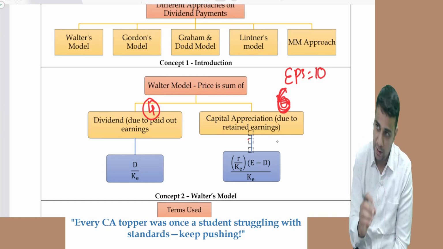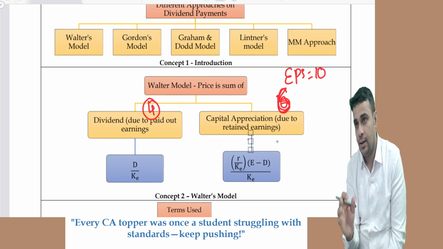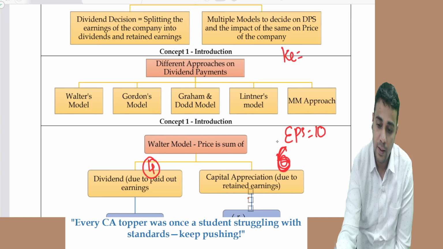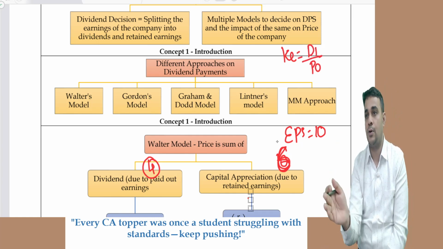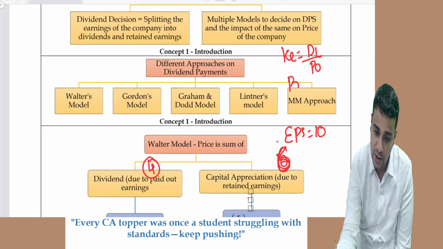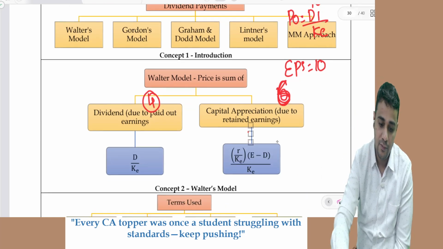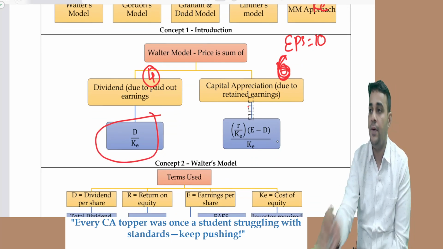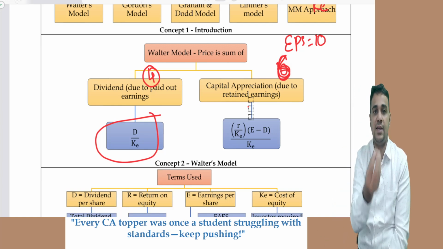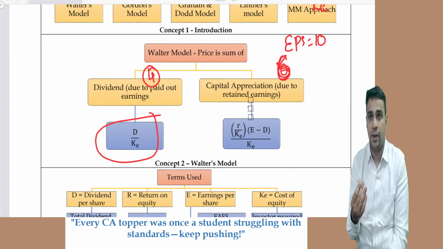One is what is paid out. Second, what is retained. We learnt earlier K is equal to D1 by P naught plus growth. Ignore the growth part. If I interchange this, P naught is equal to D1 by K, which is this part. Dividend by K. Whatever you are paying out, there is a value for that.